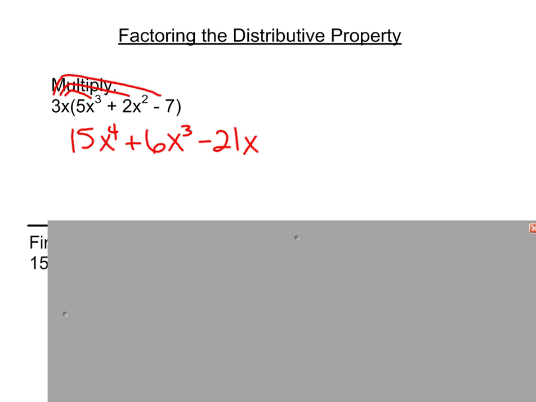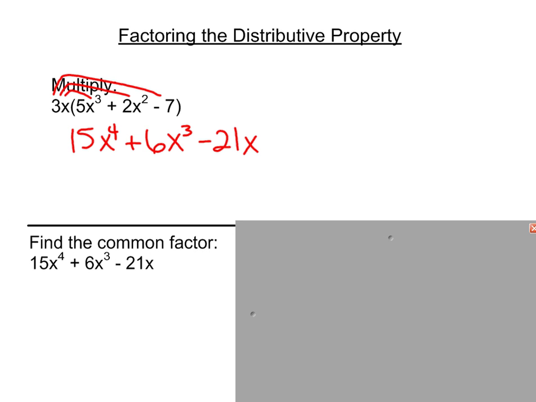Now, one of the things that we're going to do to begin with is just working on finding that common factor. And so we're going to take a look at this and say, what do each of these have in common? So there are 3 terms here: 1, 2, 3. And all 3 of these have something in common.